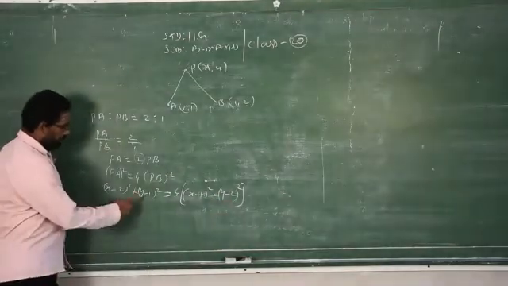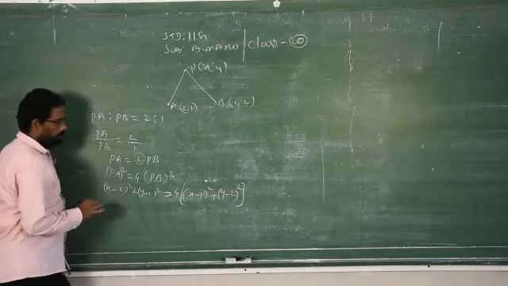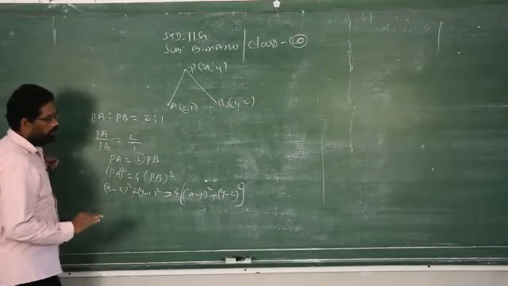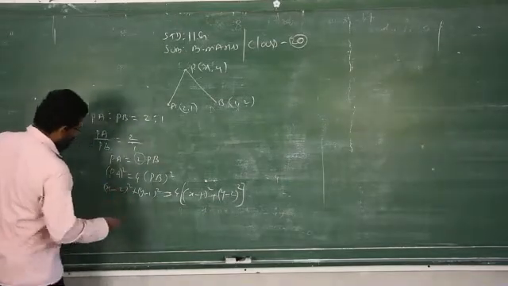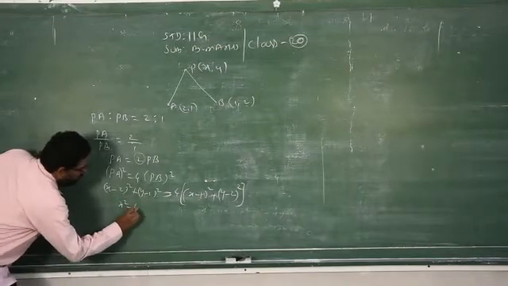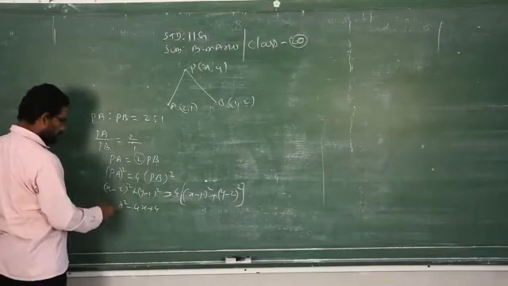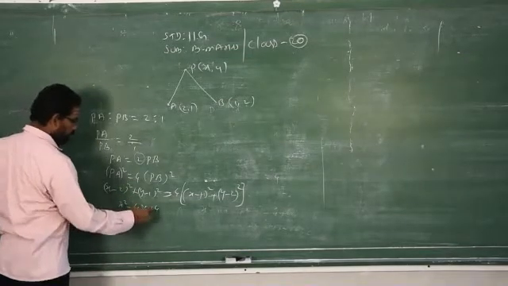So now we can expand by using the (A minus B) the whole square formula. Remember, you should memorize the (A plus B) the whole square formula and the (A minus B) the whole square formula to solve this problem. So (x minus 2) squared gives x square minus 4x plus 4, that is a square minus 2ab plus b square.